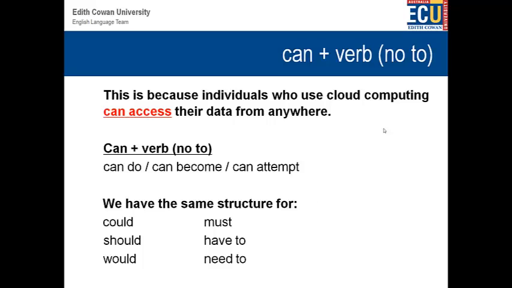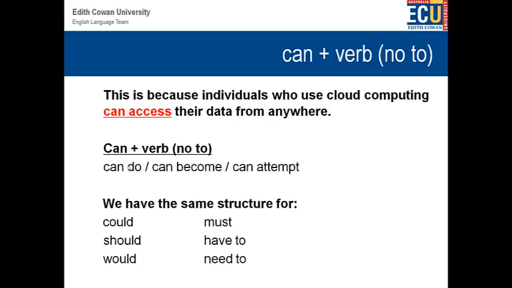So let's have a look at that in a bit more detail. Individuals who use cloud computing can access their data from everywhere, from anywhere. We have can plus verb, no to. Other verbs that you could use with can: can do, can become, can attempt, can try.